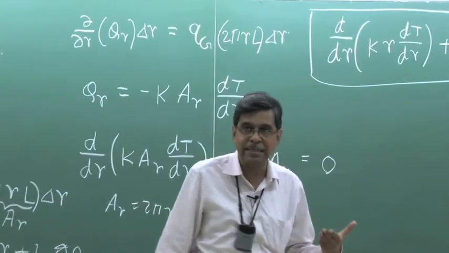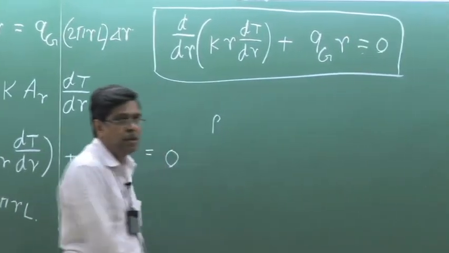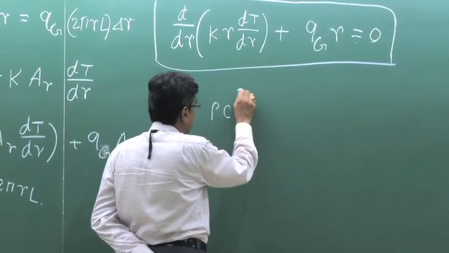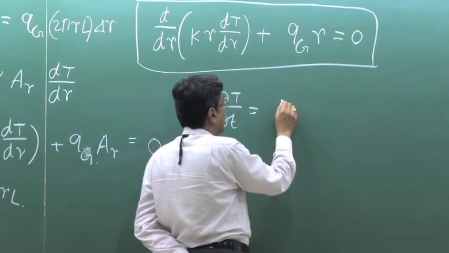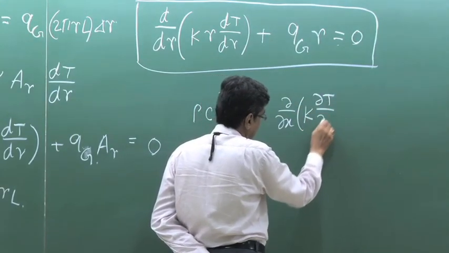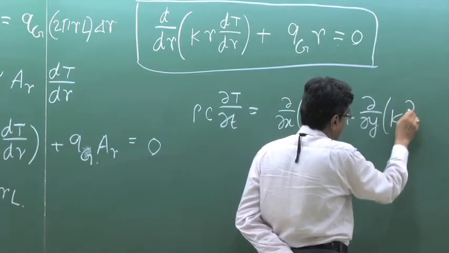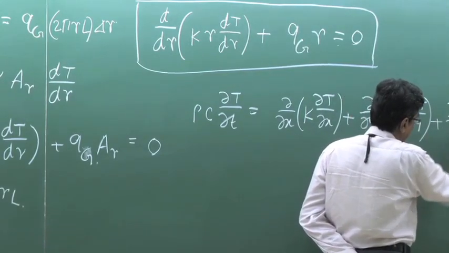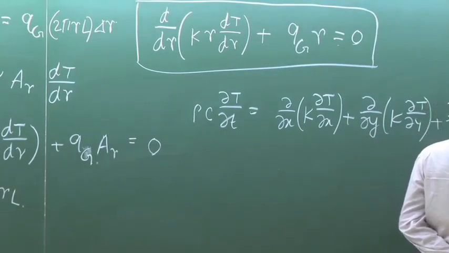Just for your interest, if you recollect the general energy equation which was derived in the class in a Cartesian frame of reference: rho c del T del t is equal to del x of k del T del x plus del y of k del T del y plus del z of k del T del z plus qg.